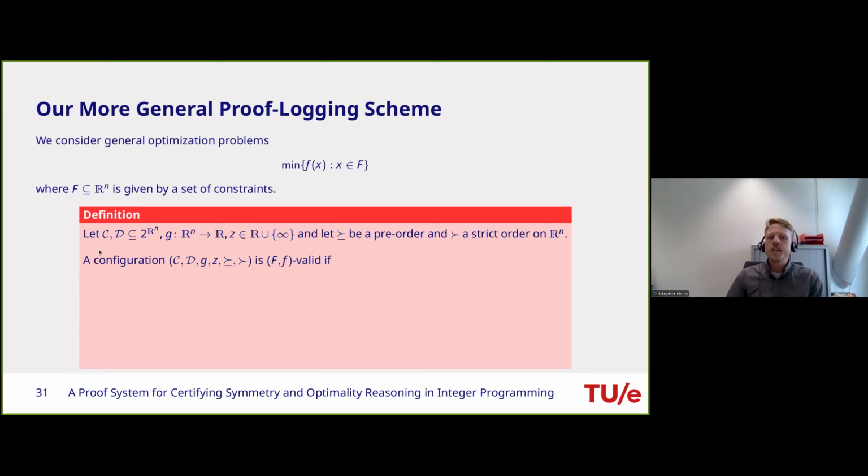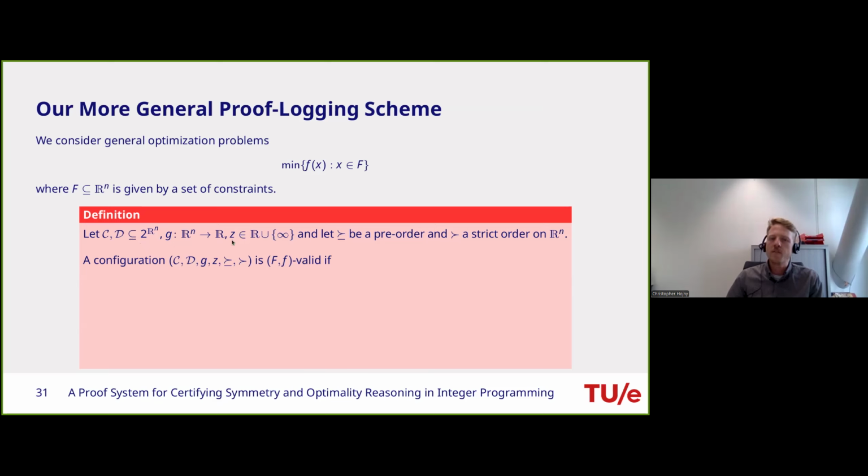The configurations that we work with are more general, but they also contain core and derived constraints, which can be assumed to be some subsets of collections of the power set, so collections of constraint sets that are representable in the optimization problem that we want to work with. We are given some function g, which is not necessarily the original objective function.